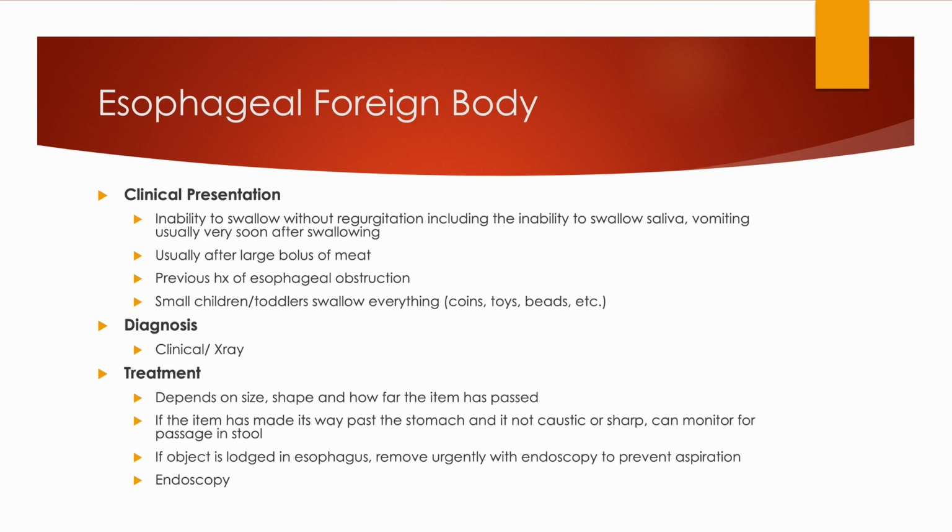And depending on the size, the shape, how far it's passed, if it's something simple like a small coin and it's made it past the stomach, then we just watch and look out for the coin in the poop. However, if it's lodged in the esophagus, if it is not past the stomach, or if it's sharp or caustic like a button battery, those need to be removed urgently.